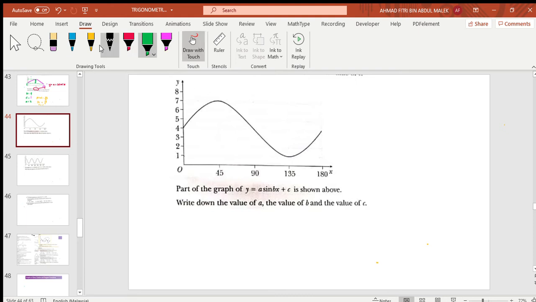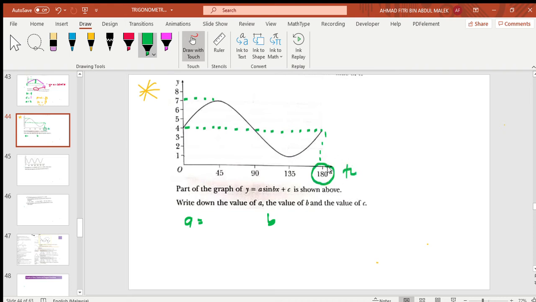Okay, now try this graph. I want you to try this one. What you should do, draw an imaginary line, dotted line, to help you to see. So what is the value of A here? A here is amplitude, refer to amplitude lah. Can you give a comment? Value of B. Look at, is a complete one cycle of sine graph, but it's not 360 degree or 2 pi, it's become pi.